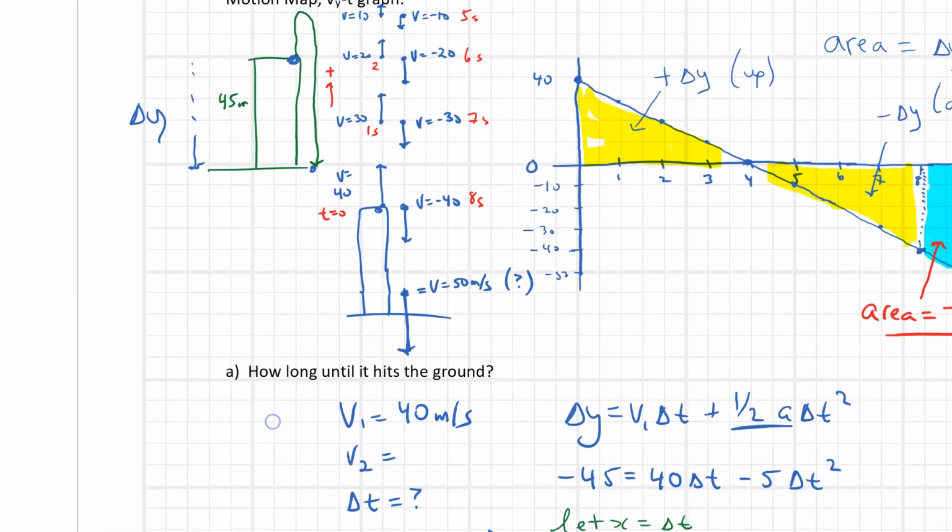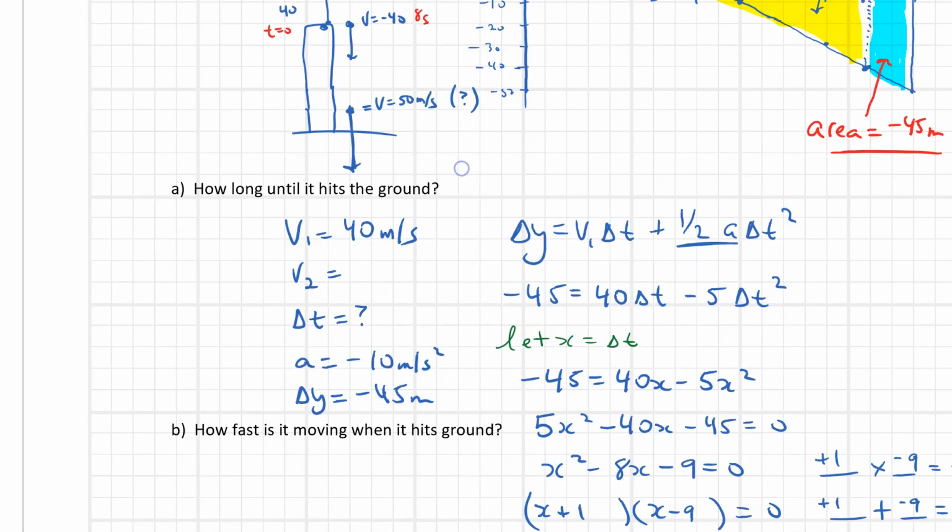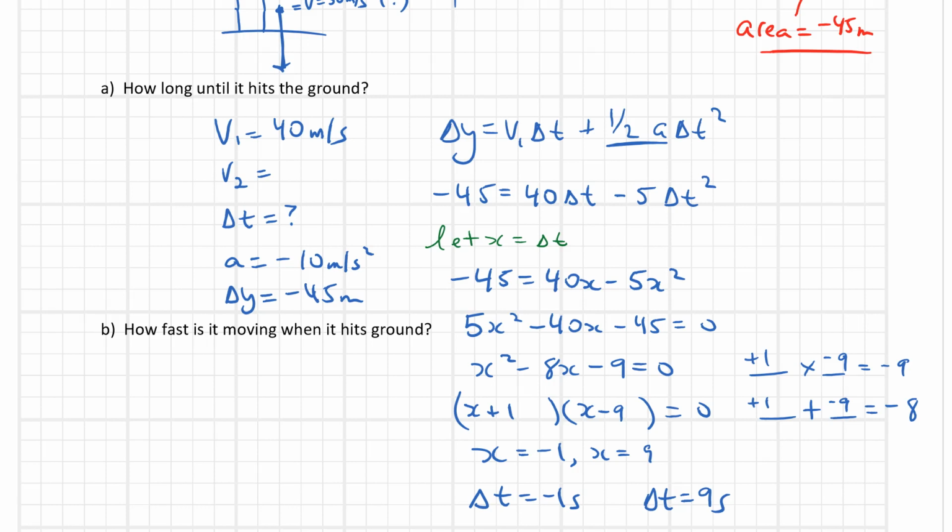Well, we can't really do time travel on this one, but the idea would be if this was still part of a constant acceleration, and the ball was being thrown up from the ground, and at negative 1 was when somebody launched it, 1 second later we're at 0, it would be here. If that makes sense to you, great. If not, don't worry about it. So no, we don't want negative time. Here's our answer at 9 seconds.